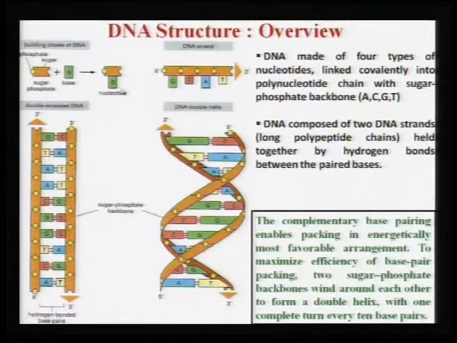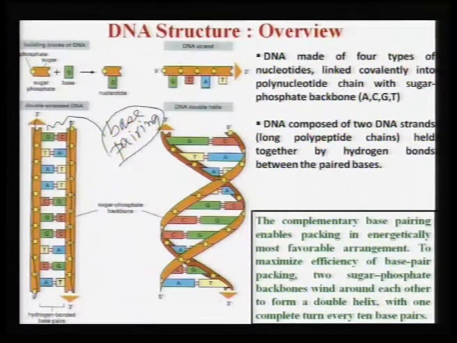I repeat: adenine, thymine, guanine and cytosine. These are known as ATGC. This is one backbone here, this is another backbone here, and in between is the base pairing. As you notice, there is very specific base pairing: A always pairs with T and G always pairs with C.